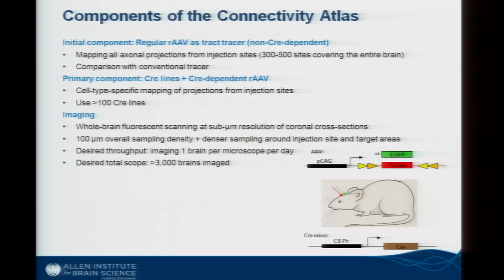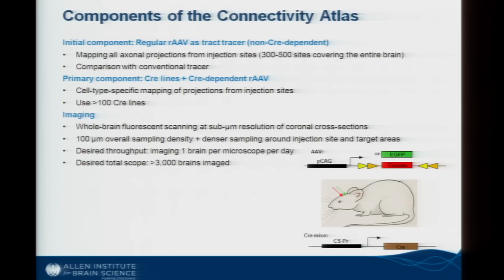And compare this kind of data with conventional tracer to validate the approach. After the first initial phase is done, we will be moving into the primary component, which is cell type specific projection mapping. And it will be combined with different kinds of Cre lines and Cre-dependent AAVs. Our current plan is to use at least 100 different Cre lines labeling different cell types throughout the entire brain. Of course, the more Cre lines, the better.